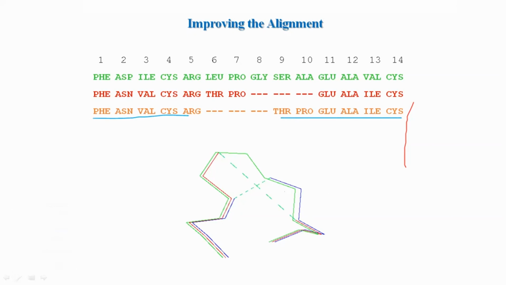See, this gap we introduced here reduces the structure to this shape. Only these two amino acid residues were skipped and the gap was introduced here such that this alignment can be identical. That improves the structure from here to here.